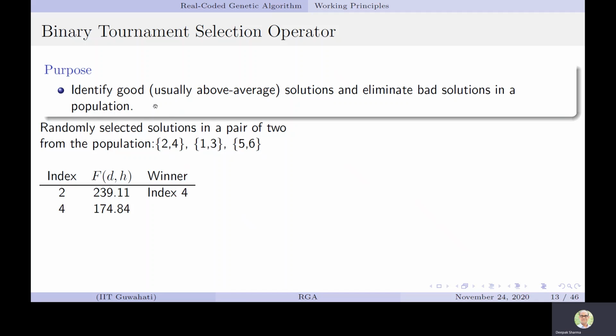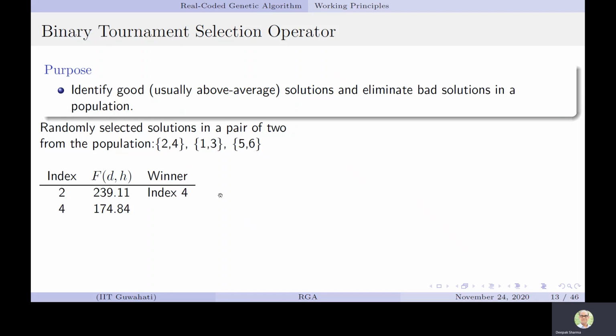Just as a recap, the selection operator is used to identify good solutions and eliminate bad solutions in the population. For performing this binary tournament selection, we are making pairs of two solutions randomly. So 2 and 4 will compete, 1 and 3 will compete, and 5 and 6 will compete.